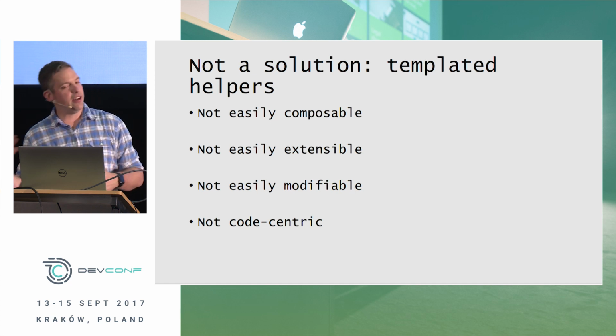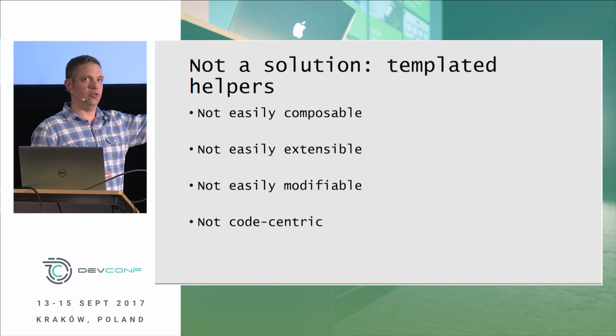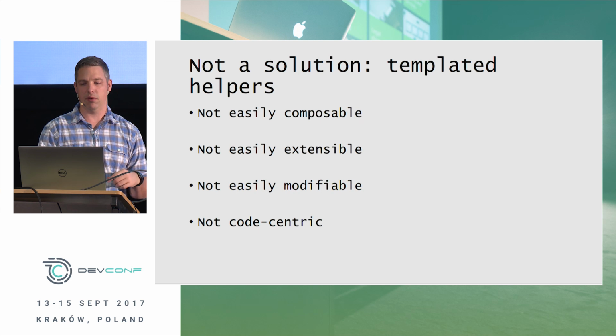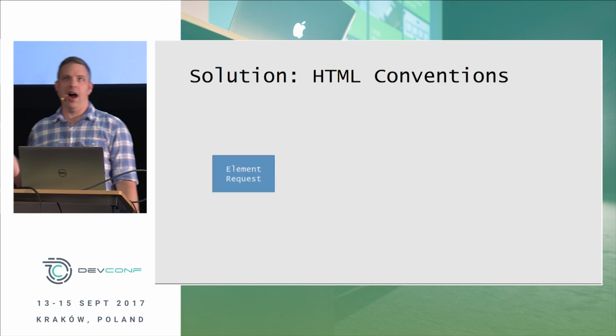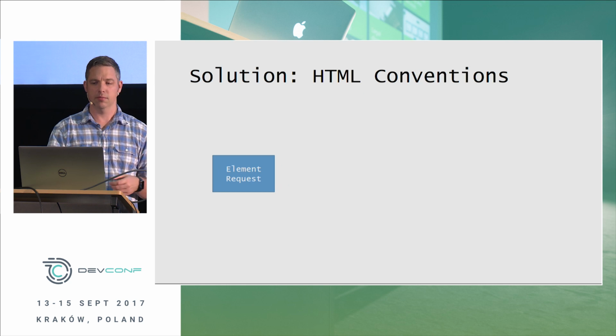Now, what's different about HTML tags and other libraries we've used is HTML tags actually uses the same metadata system that the other helpers use in order to build out HTML that is tailor-made for every single kind of property in your system. So how does it work? Well, it starts out with, I want to request an element to be shown on the screen. So I say, I want to request an input element or an output element.